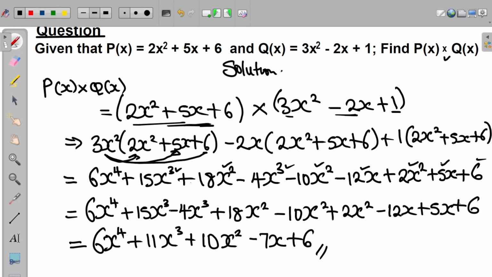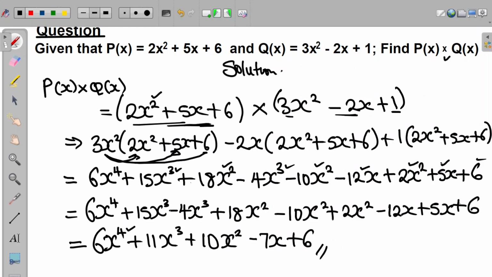Now we said that when we multiply two or more polynomials, we have a higher order polynomial. Looking at our polynomials, the highest power there is 2, but the result of our multiplication gave us the highest power of 4.